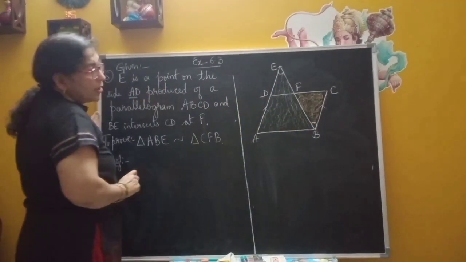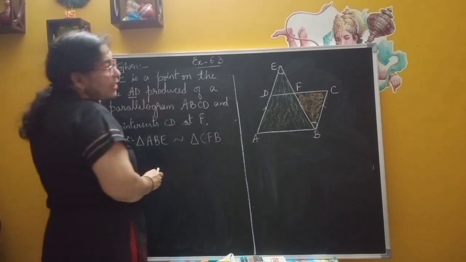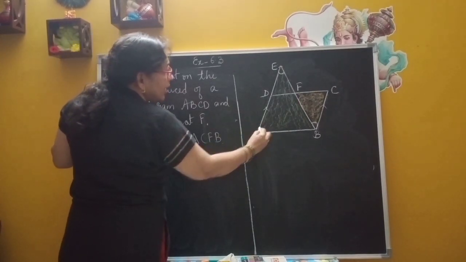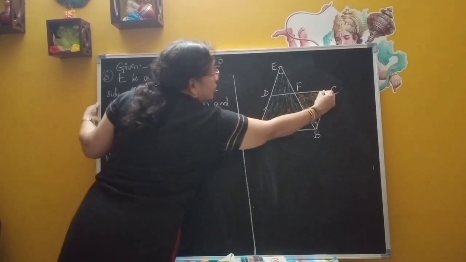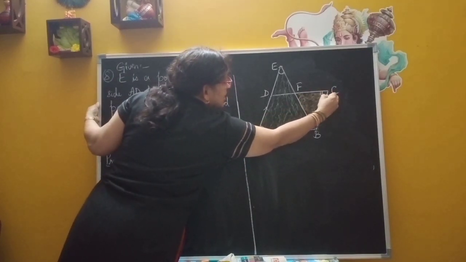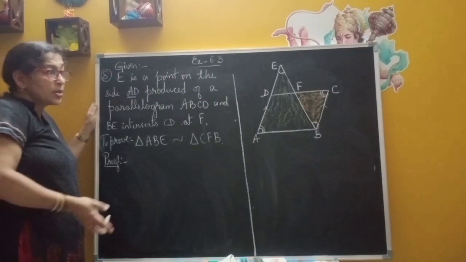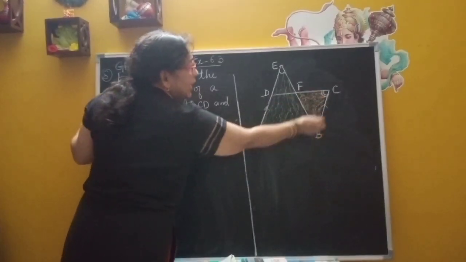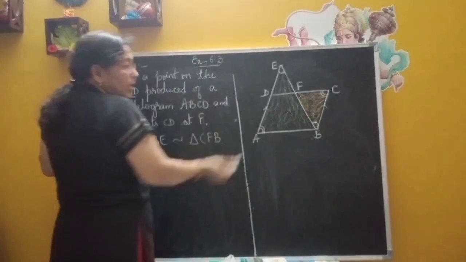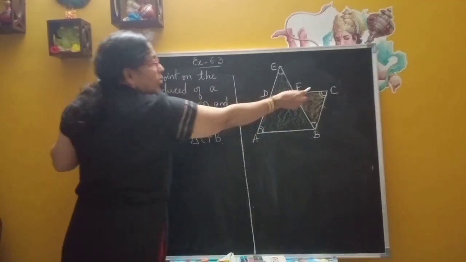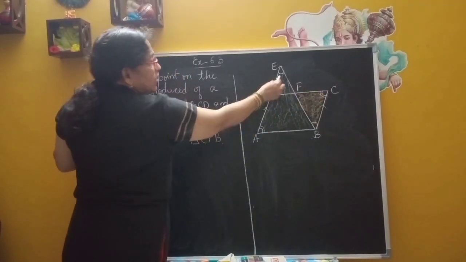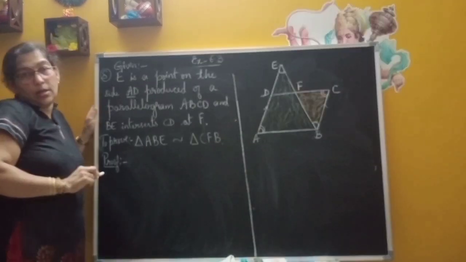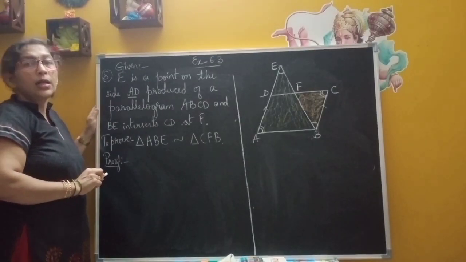Then the other angle here, angle A, is equal to angle C. Why? Because these are opposite angles of the parallelogram ABCD. See, now we have proved two pairs of angles are equal.